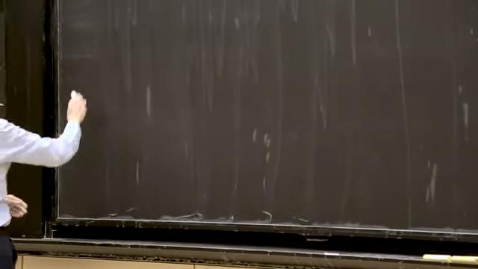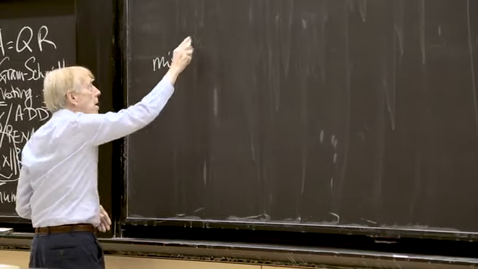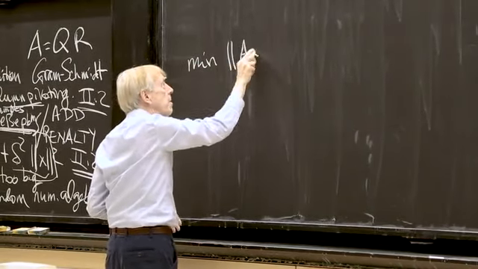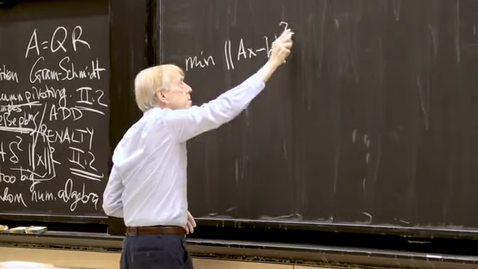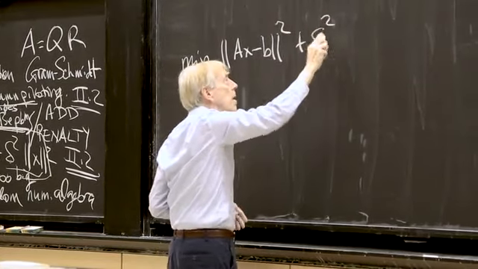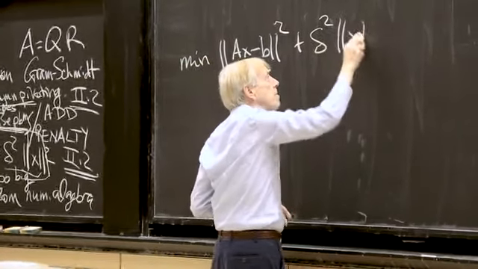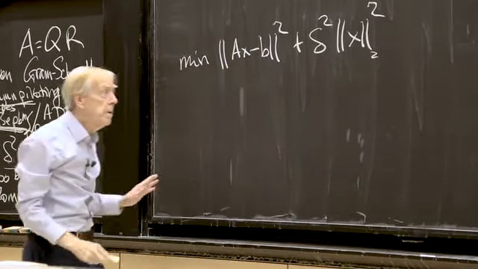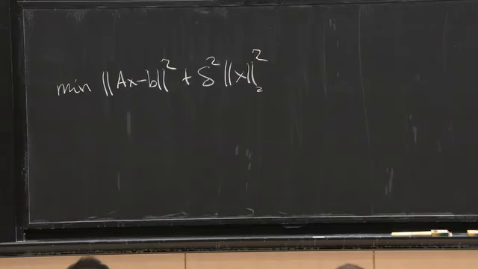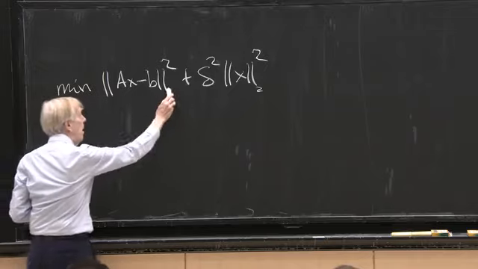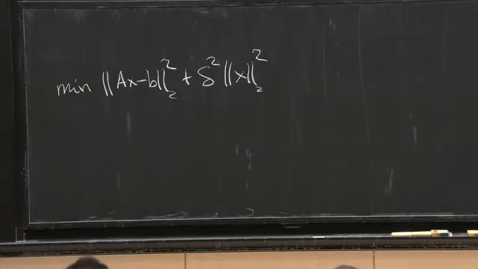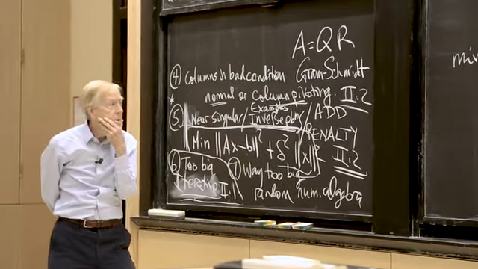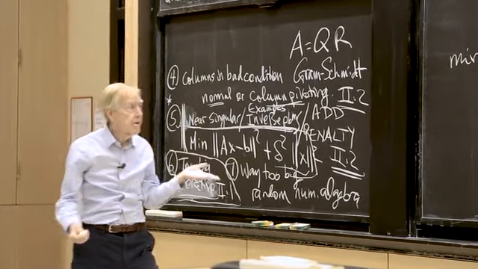Okay. So suppose I minimize the sum of the norm of Ax minus b squared and delta squared times the norm of x squared. I'm going to use the L2 norm. It's going to be a least squares with penalty. So of course, it's the L2 norm here too. Suppose I solve that for a delta.